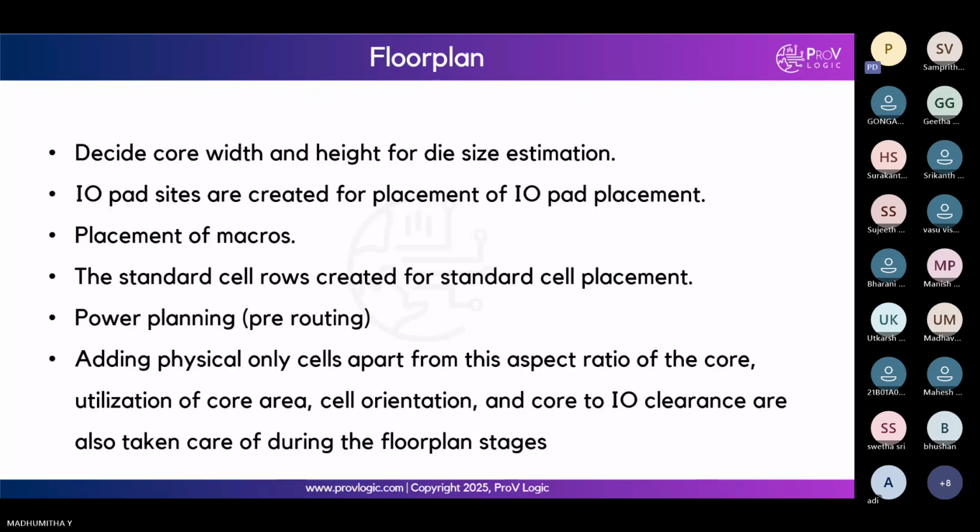Next is floor plan. As I said, before floor plan, we will be starting with synthesis. In synthesis, we will generate the netlist, and the netlist will be issued to the physical design engineers who start with floor plan. Now, sometimes synthesis will also be done by a physical design engineer, and then they will start with floor plan.